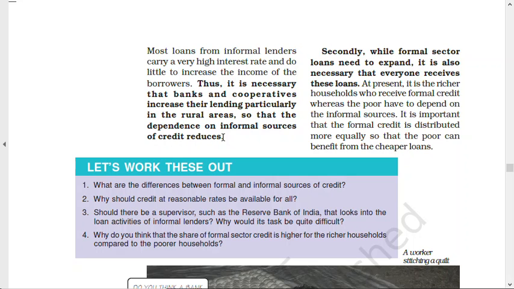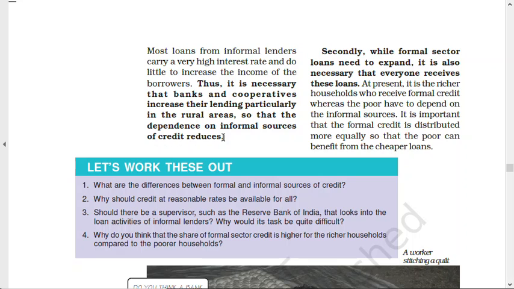Right? But this does not happen because banks also have their own targets, and they need to earn profits, right? Because they have a huge network, thousands and thousands of branches, millions of people working in those branches, so they have to pay salaries and many other things, right?